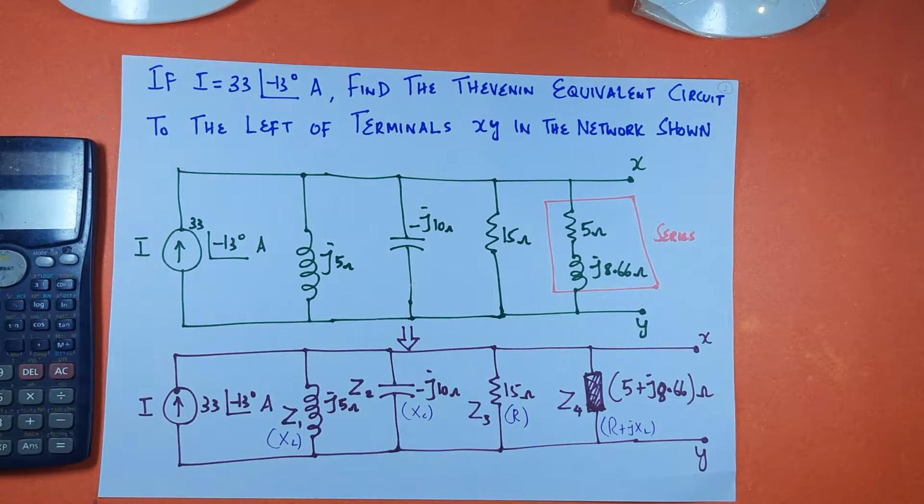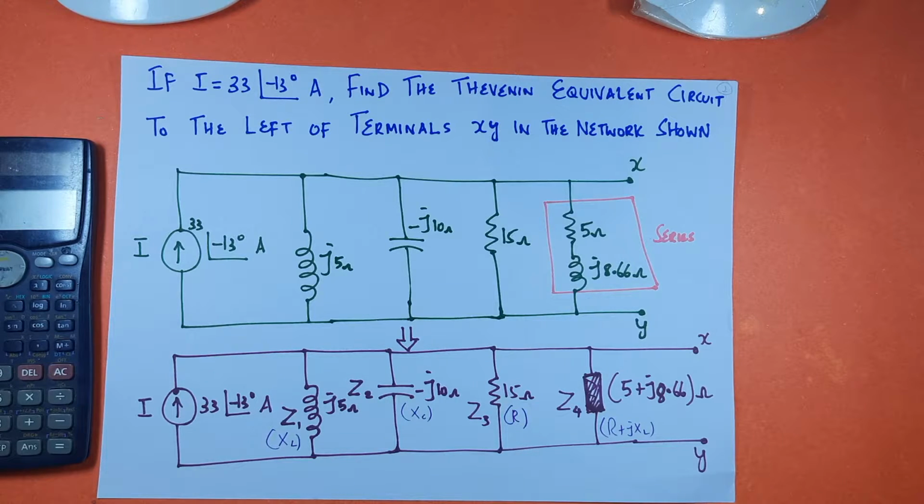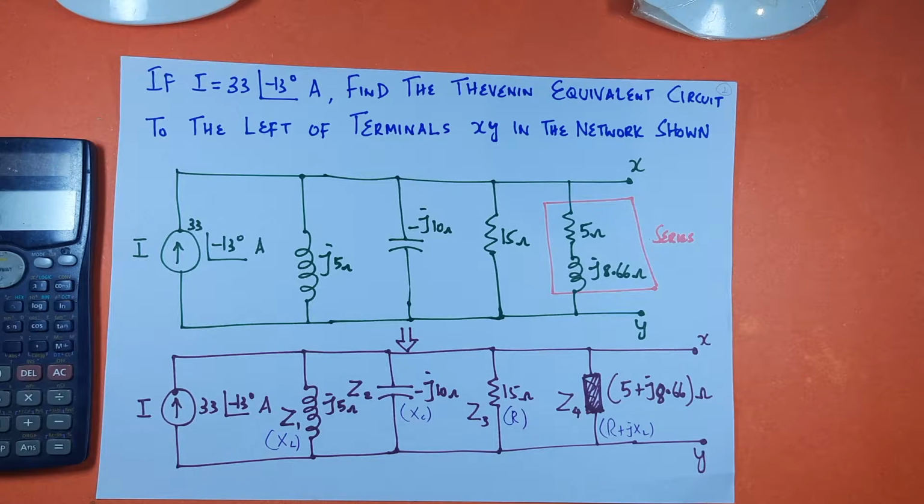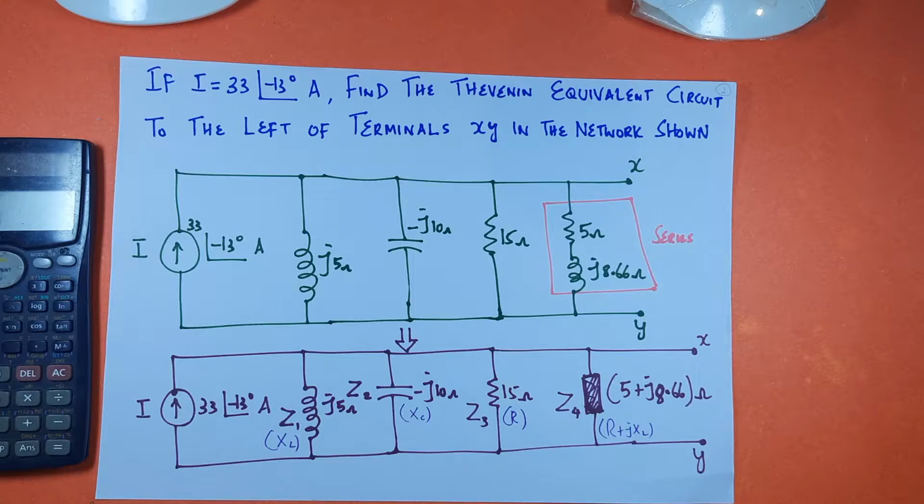If current I equal to 33 angle minus 13 degree ampere, find the Thevenin equivalent circuit to the left of terminals X and Y in the network shown. So this is the network.